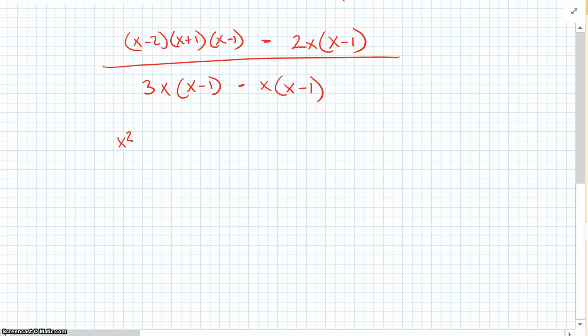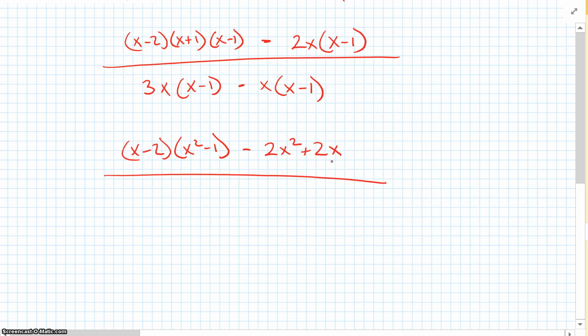Let's rewrite it: x minus 2 times x squared minus 1, minus 2x squared plus 2x, all over 2x squared minus 2x.